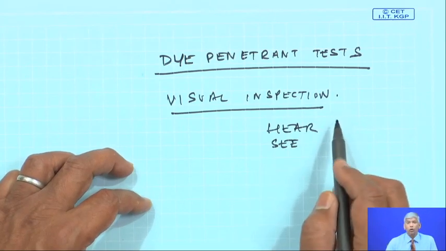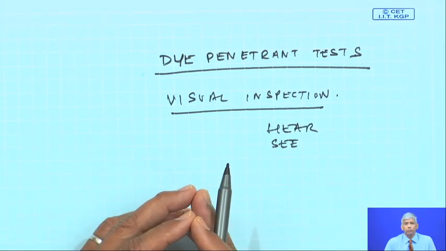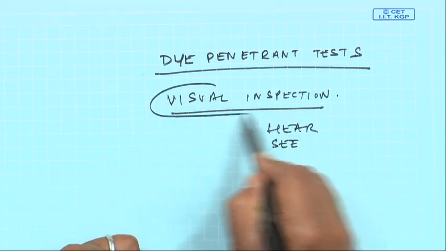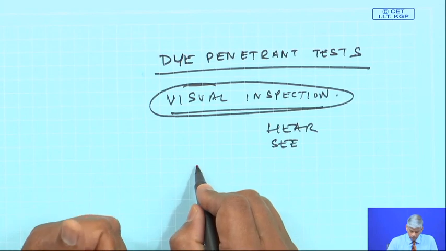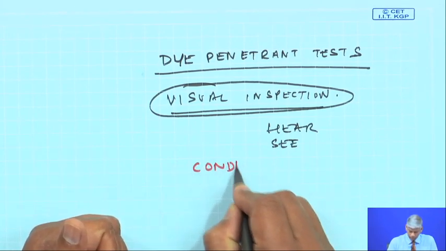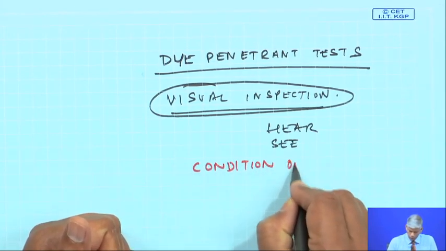A human being is a very good sensing system because of the sensitive human organs. So visual inspection also is a good tool for knowing the condition of a machine.